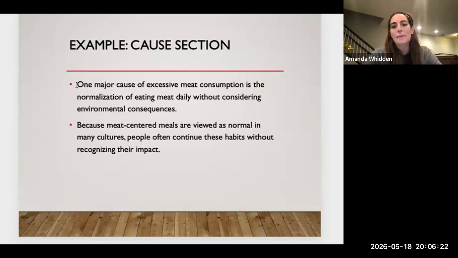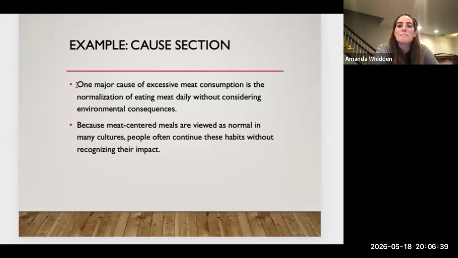So, for example, one major cause of excessive meat consumption is the normalization of eating meat daily without considering environmental consequences. And absolutely, I don't know a lot of people who are thinking every day, oh gosh, what am I putting in my body? And how is this piece of meat that I'm eating contributing?